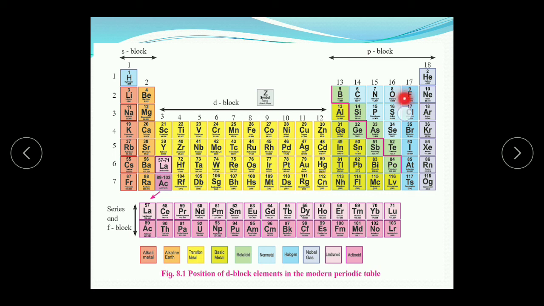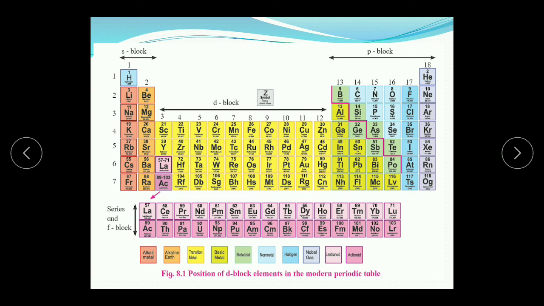This blue portion at the corner, these are non-metals. This last column is noble gases, and this zigzag line indicates metalloids, but all the remaining are metals, that is total S block, total D block, F block, and this portion of P block are metals. So the periodic table is dominated by metals, we can say.